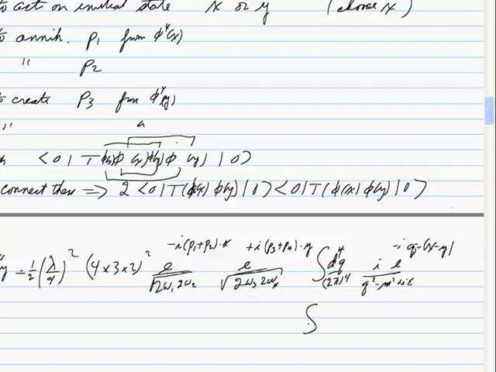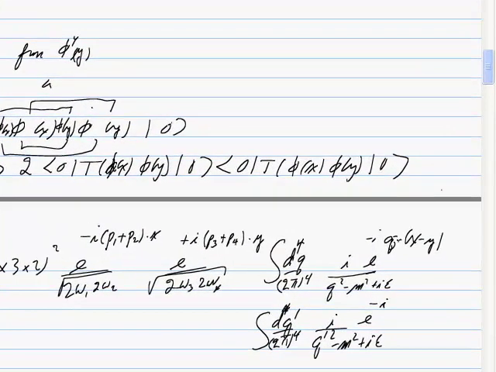And there's another one that's exactly the same, except I just renamed the integration variable: d^4q′ over (2π)^4, i over q′² minus m² plus iε, e^(-iq′·(x−y)). Okay.